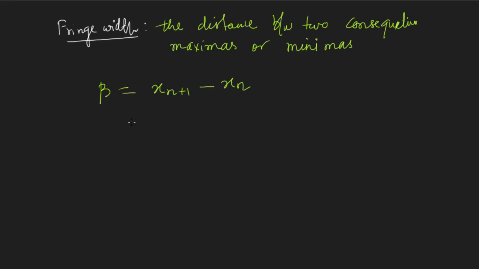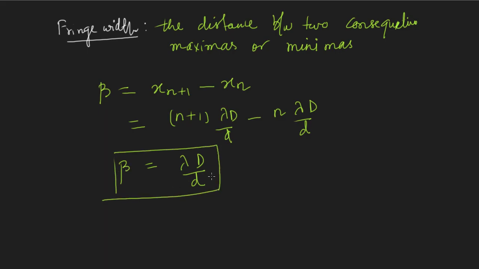I know the expression for this: (n plus 1) lambda D by d minus n lambda D by d, and I will get lambda D by d. This is my expression for the fringe width. Same, if I calculate the distance between two minimas, I will get the same expression. So please check for that.